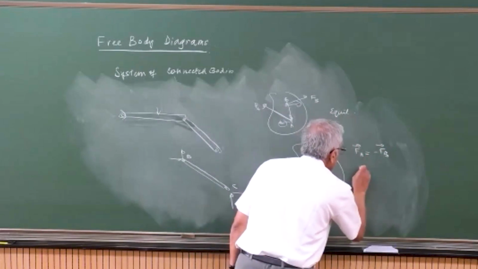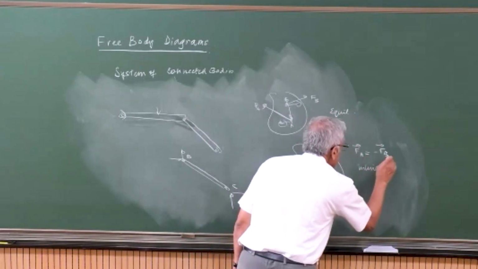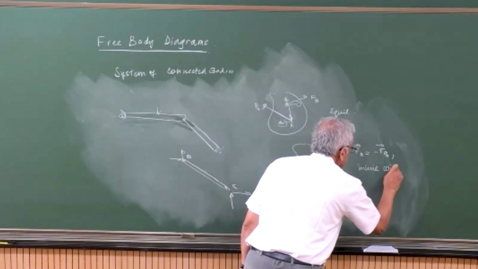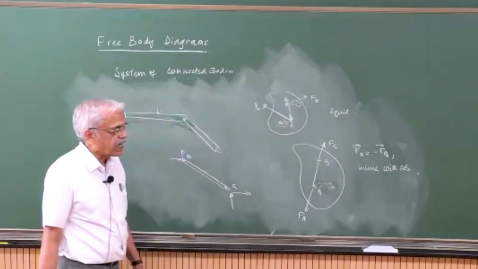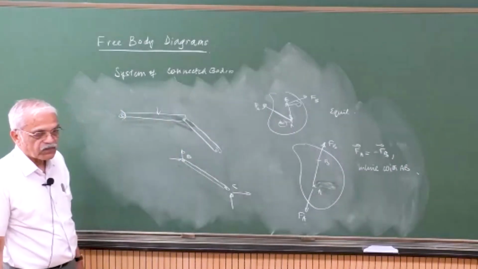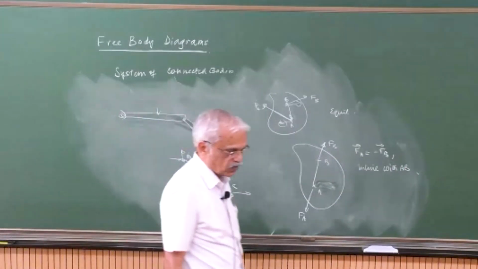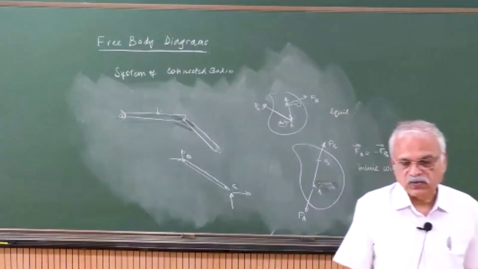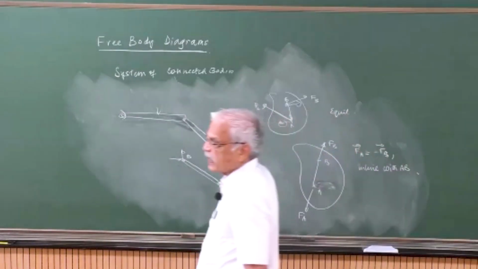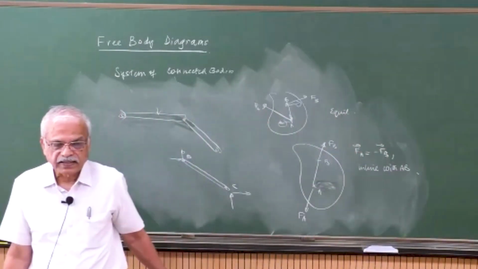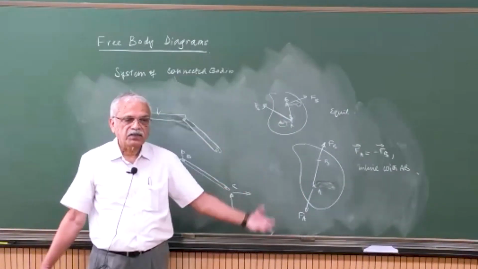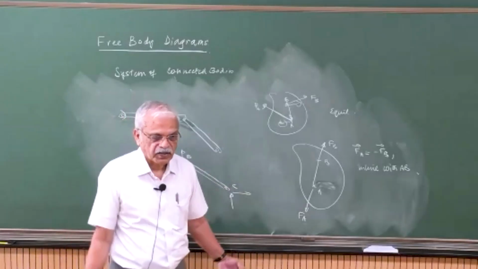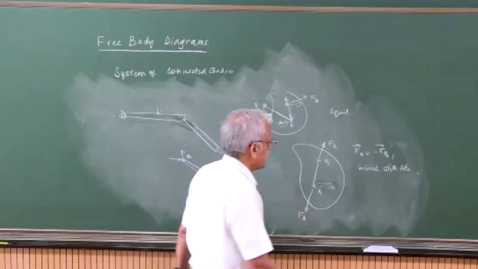And they are in line with AB. Okay. So this comes very handy whenever you have a body acted upon by only two forces. If it is acted upon by two forces at A and B, they have to be in line with that line joining AB and they are equal and opposite. Okay. So this is very convenient.